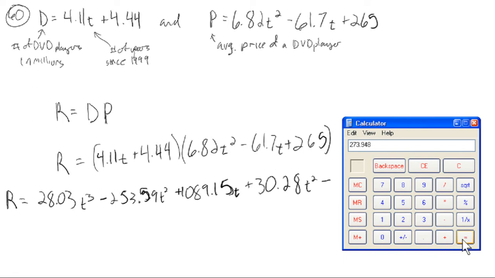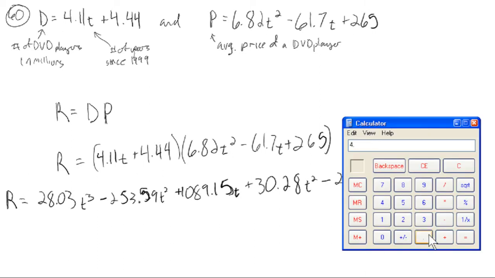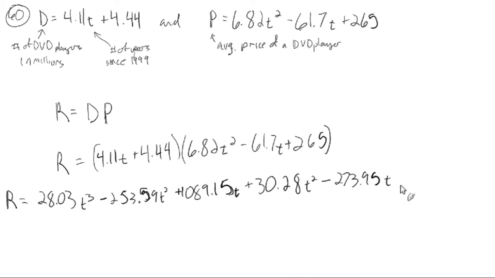So we should get a negative 273.948. 273.95 times t, because we have a t here. And 4.44 times 265. 1,176.6. And it's just a constant.